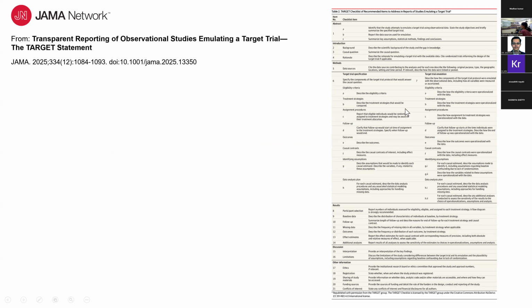So this is the TARGET checklist that was published both in JAMA and BMJ simultaneously recently. So it is the guidelines as to how to emulate this target trial. So guidelines on how to write the abstract, guidelines on how to do the introduction, guidelines on how to write the methods, and results, discussion and other information.